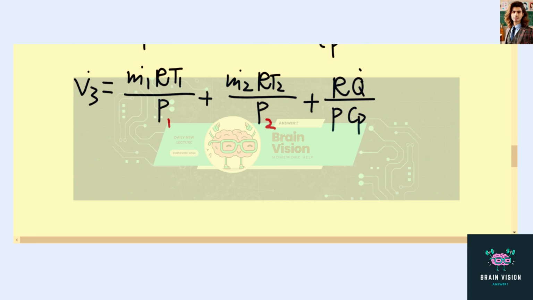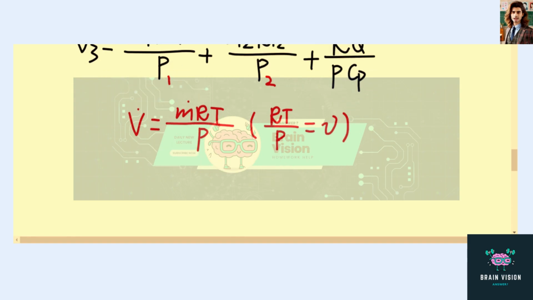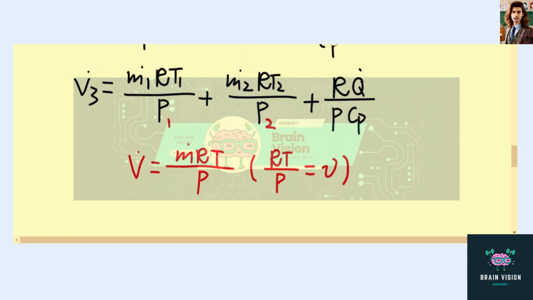And remember, the volume flow rate is equal to the mass flow rate times the gas constant times the temperature over pressure, because RT over P is equal to the specific volume. So now we can use this formula and plug back into the equation.